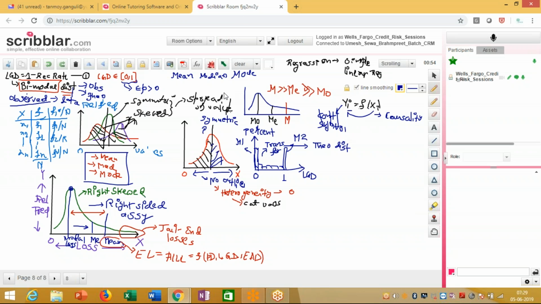So it has to be continuous and it has to be symmetric. Now, first, let's come to this continuous part.